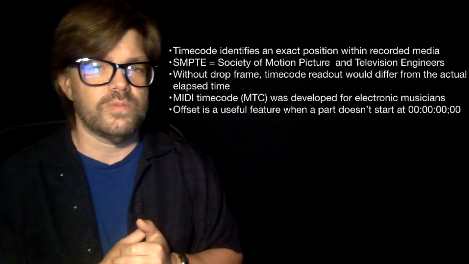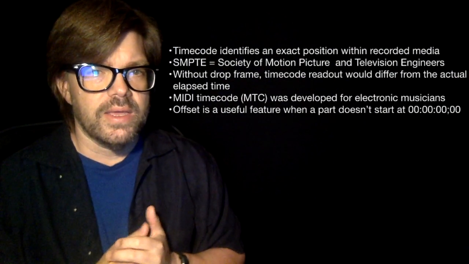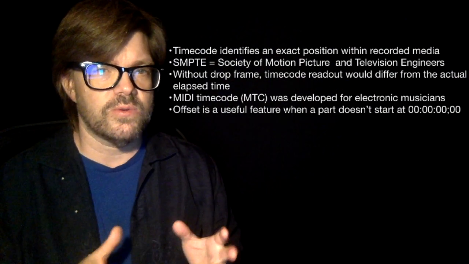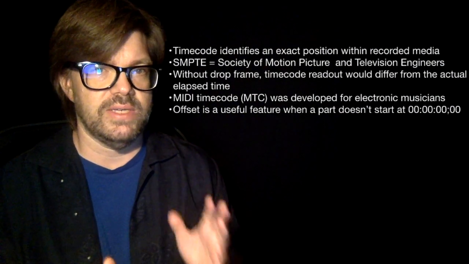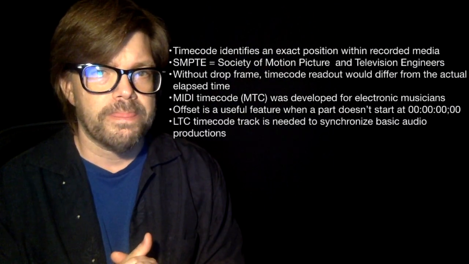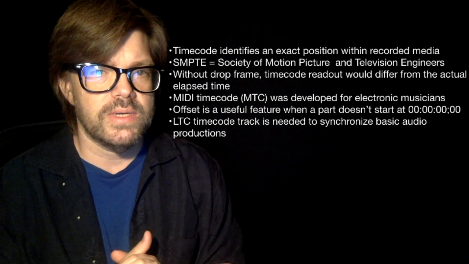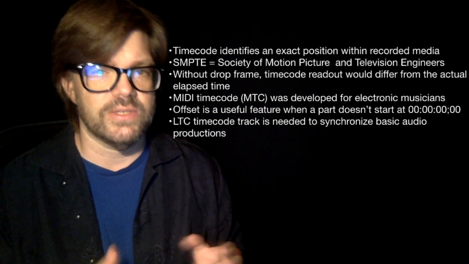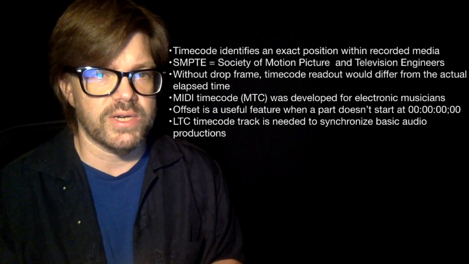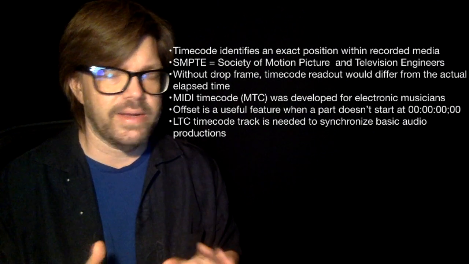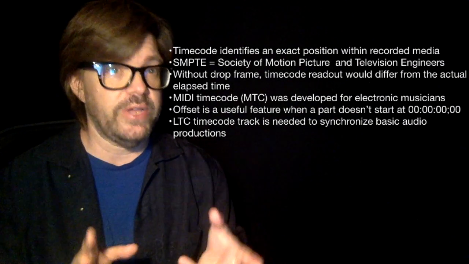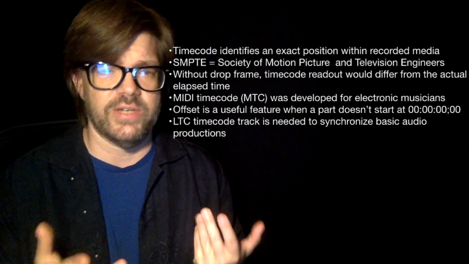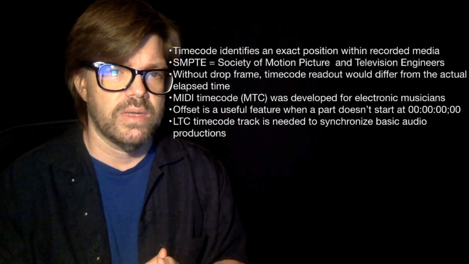Okay, so you do need some sort of linear time code, LTC, to do these synchronizations in your audio productions, some way, and often it's just going to be in our DAW, and we don't have to think about it too much until it breaks.